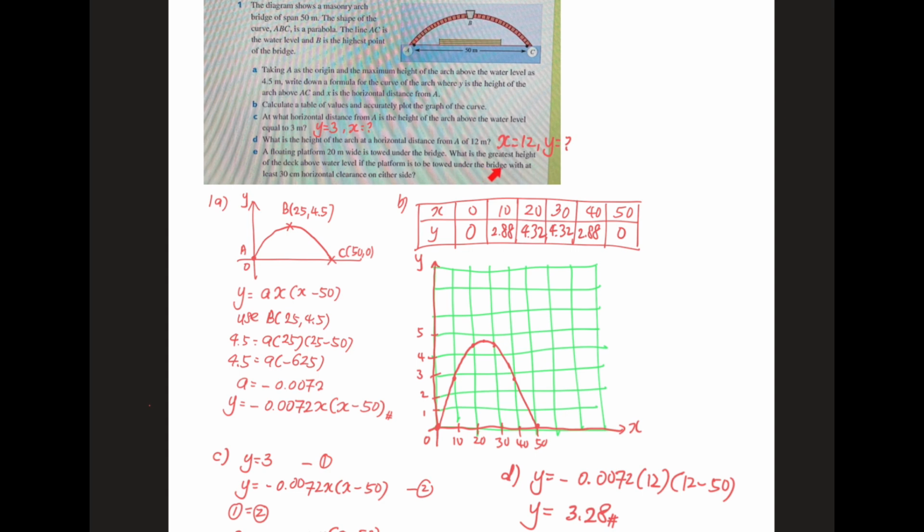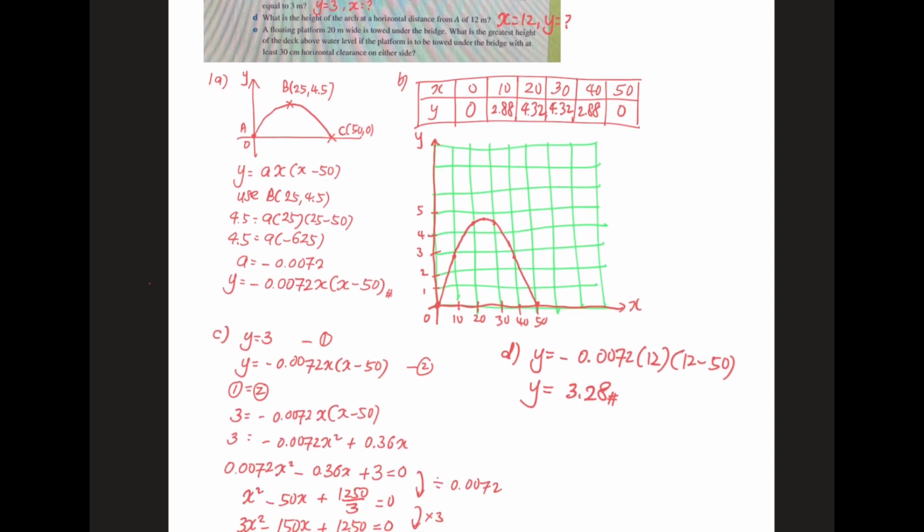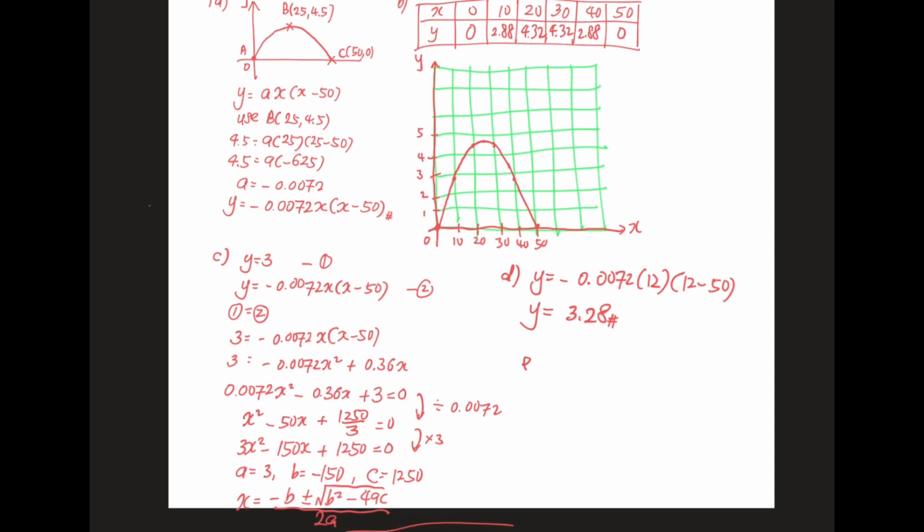What is the greatest height of the deck above water level if the platform is to be towed under the bridge with at least 30 cm horizontal clearance on either side? Okay, 20 meter, 30 cm horizontal clearance.